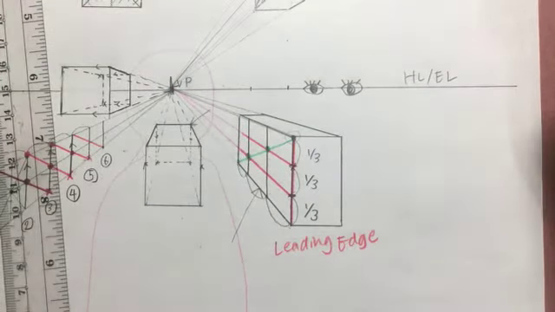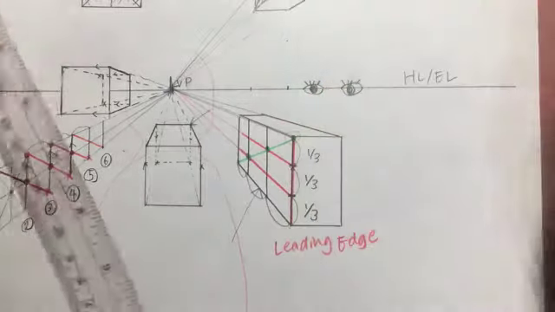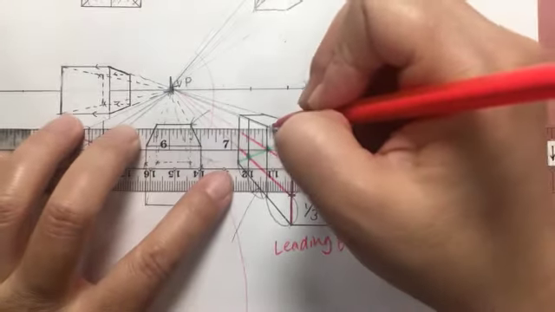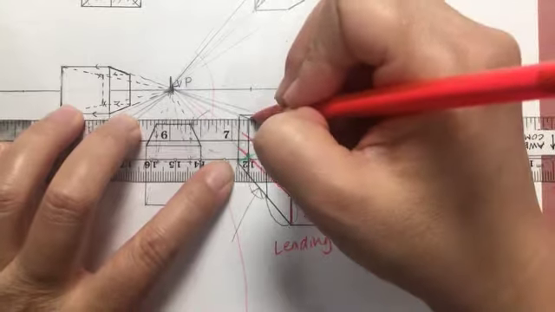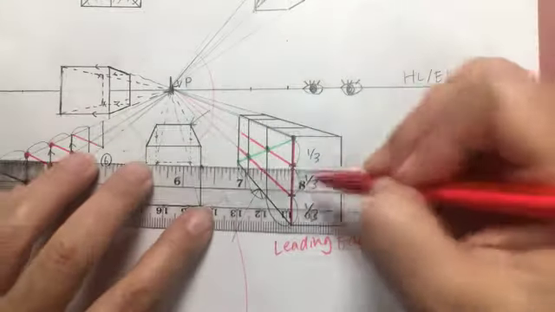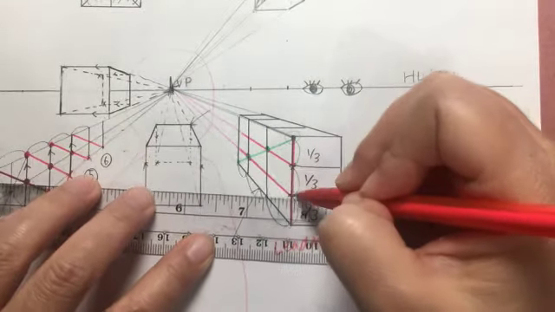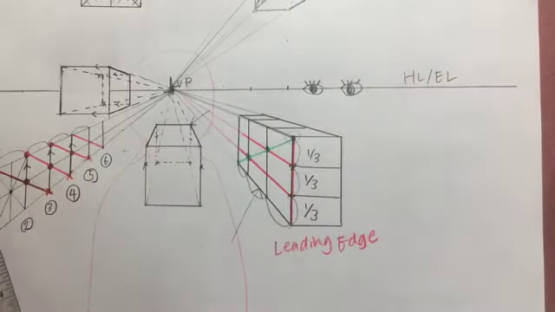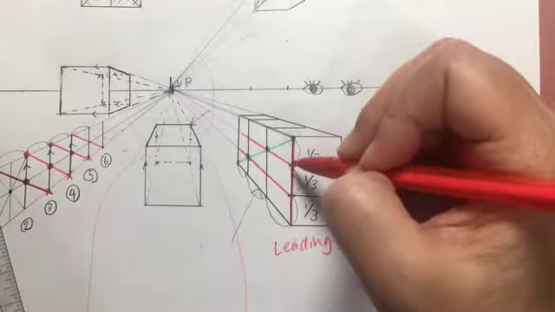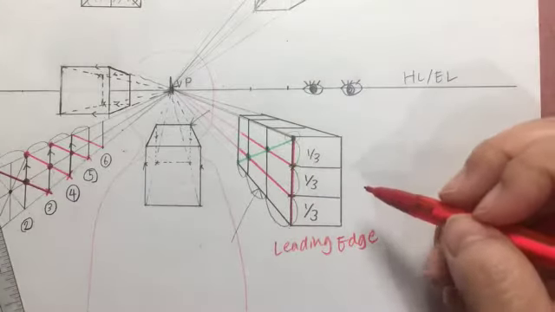Okay, so this you can extend, right? Like this, like so, like that. So this could look like wood blocks or something, right?